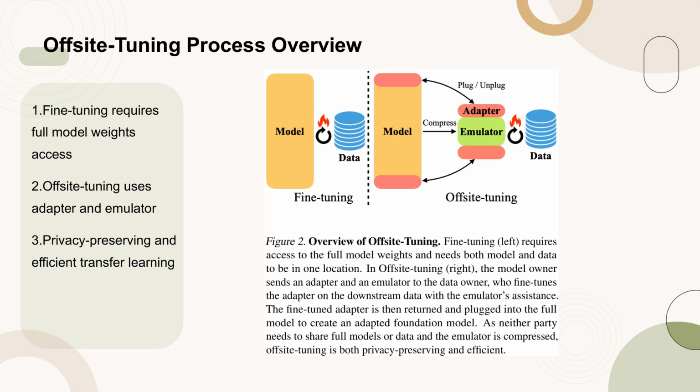The data owner then fine-tunes the adapter using the emulator's assistance on the downstream data. The fine-tuned adapter is returned to the model owner, who integrates it into the full model to create an adapted foundation model. This method ensures privacy for both the data and model owners, as neither full models nor data are shared. Additionally, the use of a compressed emulator makes the process more efficient.